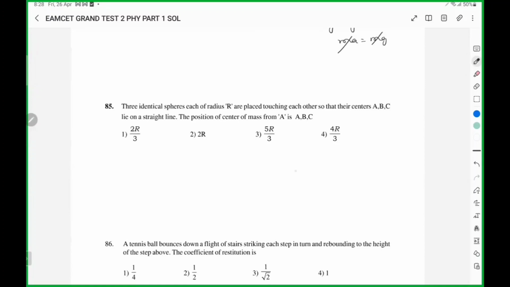Three identical spheres are placed touching each other so that their centers A, B, C lie on a straight line.